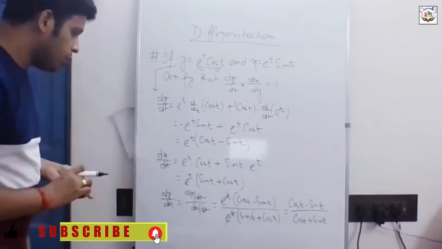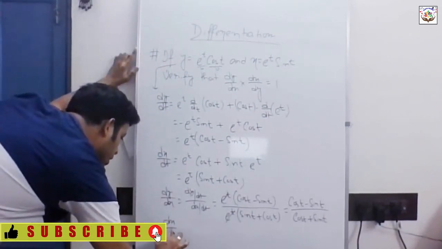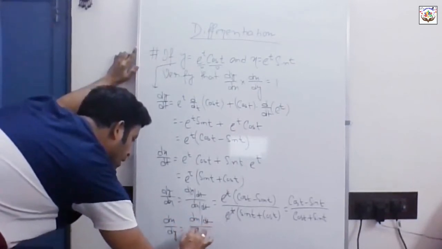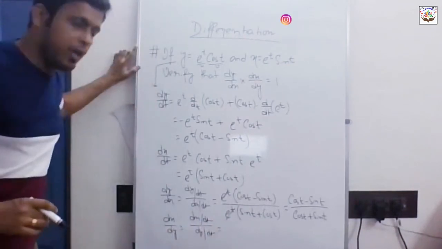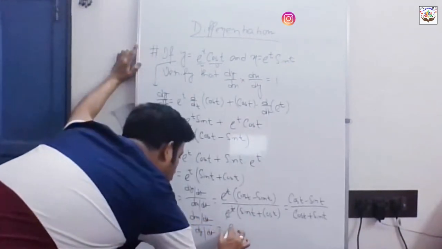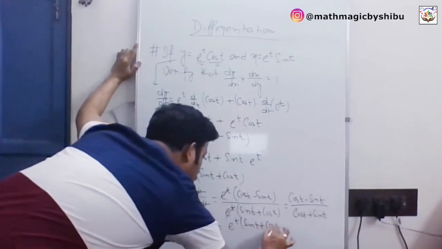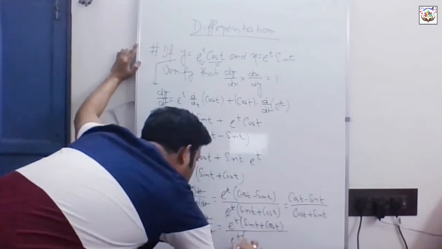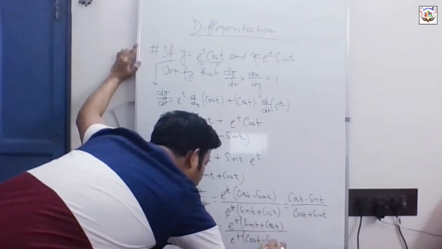So if we do that, dx/dy, which is dx/dt divided by dy/dt, then what would it be? It would be e to the power t sin t plus cos t divided by e to the power t cos t minus sin t.